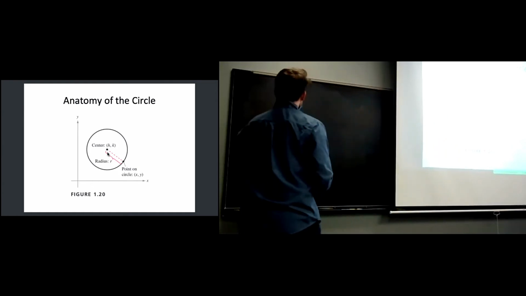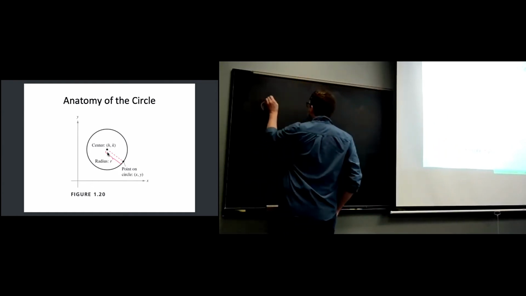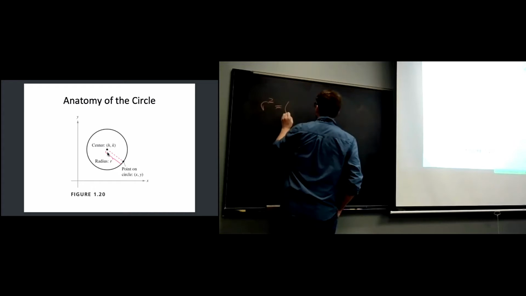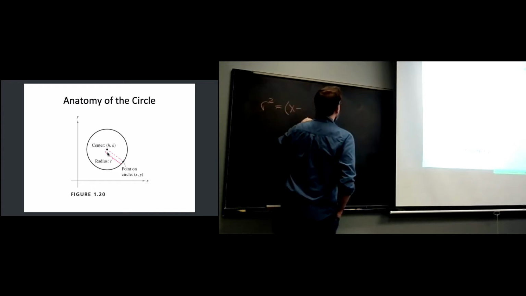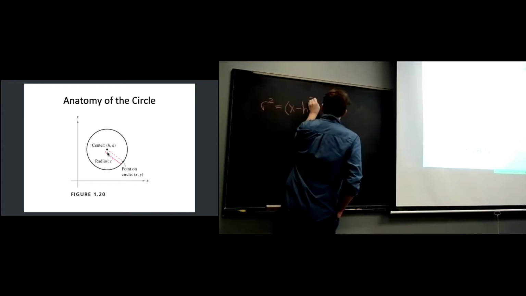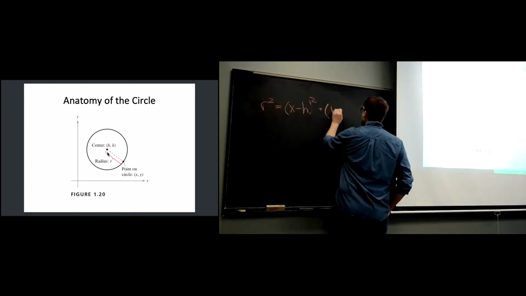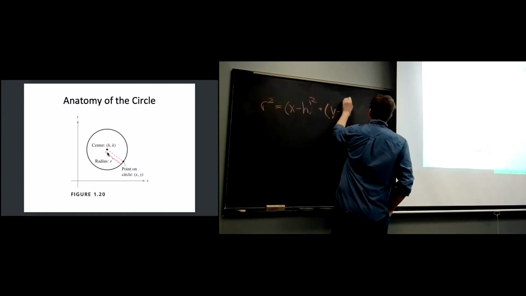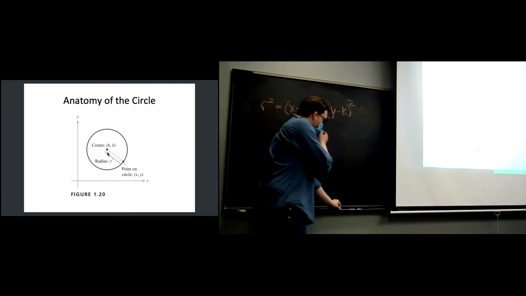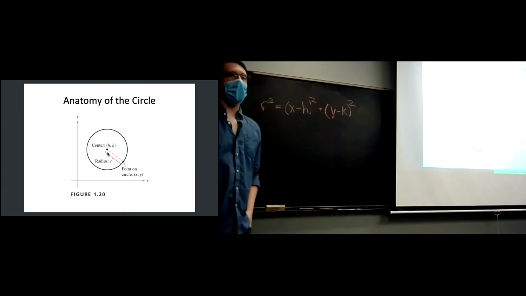We know r squared is going to have to be equal to x minus h, that quantity squared, plus y minus k, that quantity squared. And this is just a distance formula, isn't it?